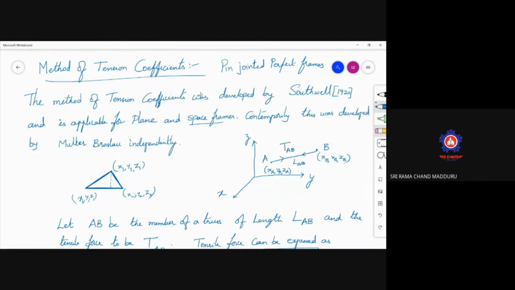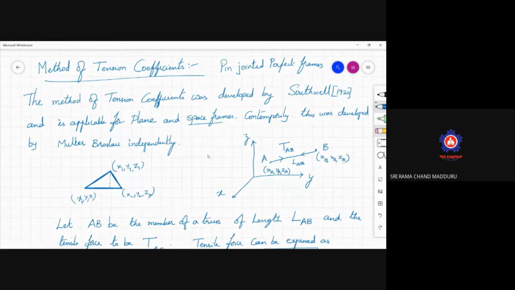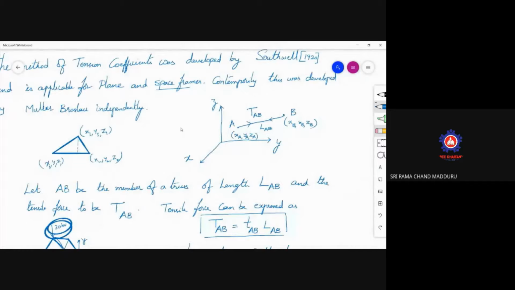What actually is there in this method? Here, we consider a member AB in a three-dimensional space. When a member is in three-dimensional space, we can give coordinates for it. Coordinates are nothing but x, y, and z with respect to the origin.